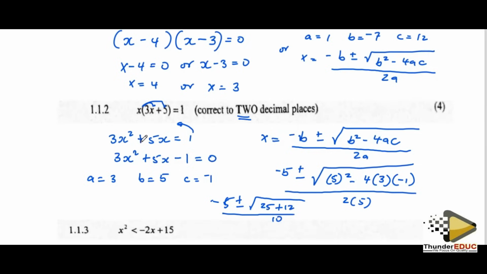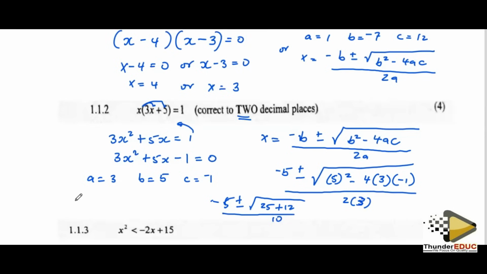So it's negative 5 plus square root of, that is 5 squared, sorry. Our a is a 3, not a 5. Sorry about that. Our a is a 3.